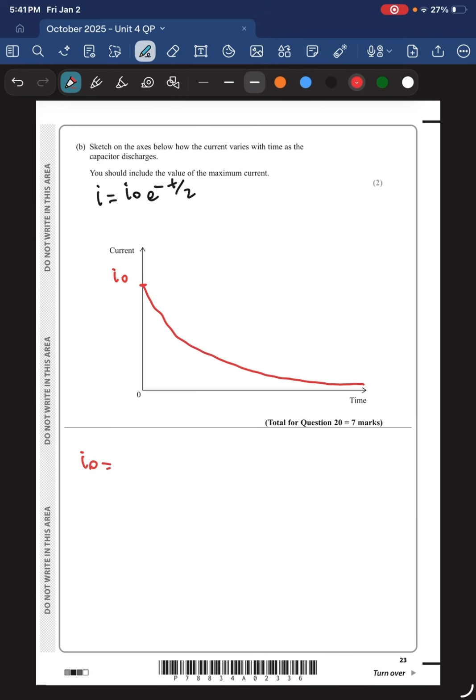So I naught is V over R. V is given as 6 volts, R is 1200 ohms. So I naught is 5 milliamps, and we can write that over there. And that's the answer.